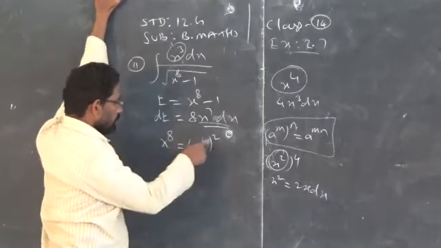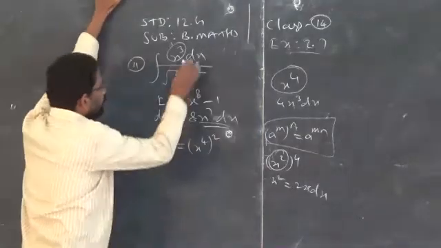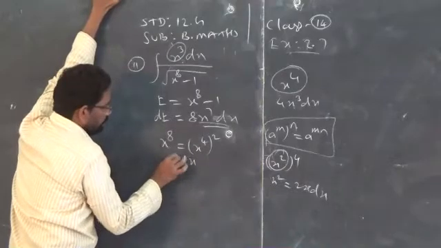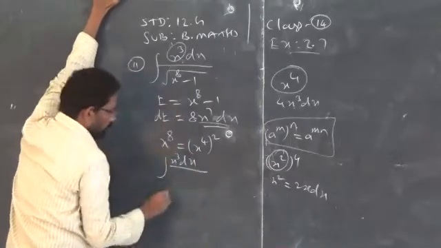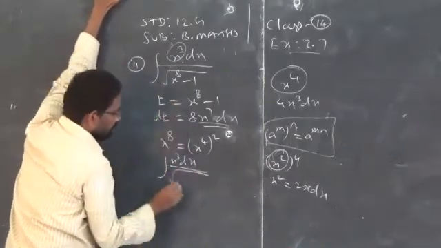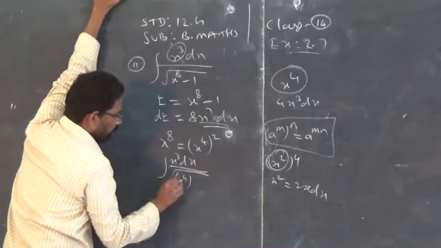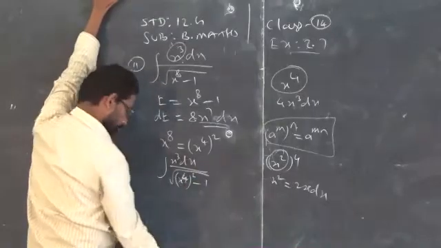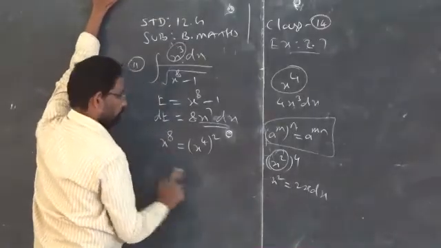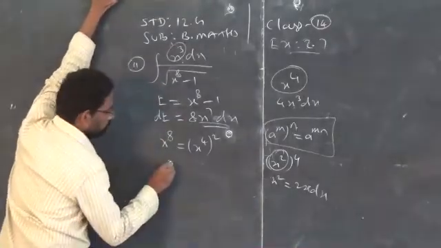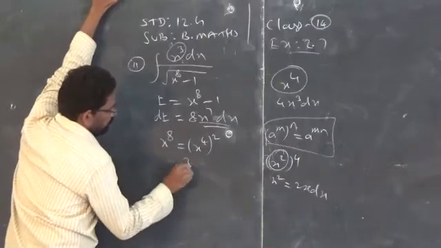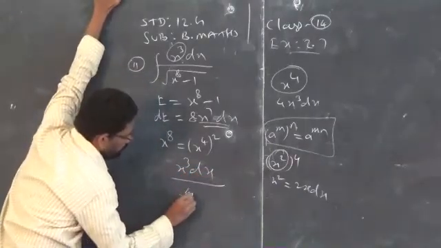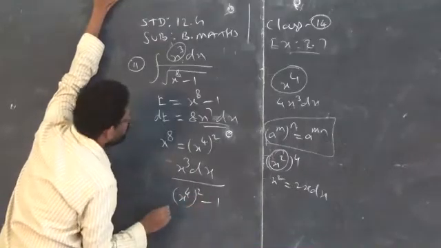So x power 4 the whole square. If you consider that, now I am rewriting this integration, that is x cube into dx over square root of this. I can write x power 4 the whole square minus 1. X cube dx over square root of x power 4 the whole square minus 1.